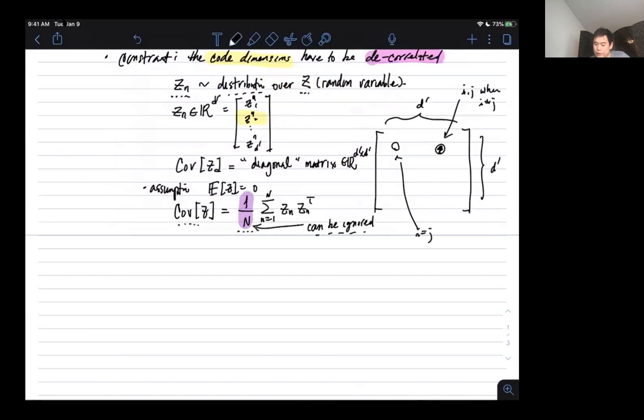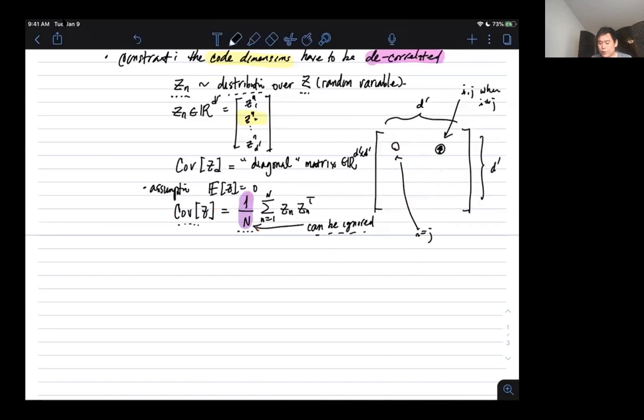If the covariance matrix of Z is diagonal, then the same thing multiplied with n is also going to be diagonal, because we haven't really put any kind of constraints on what the values of this diagonal should be. The only thing that we have put a constraint on is that all these off diagonal components need to be 0. So that is the constraint.